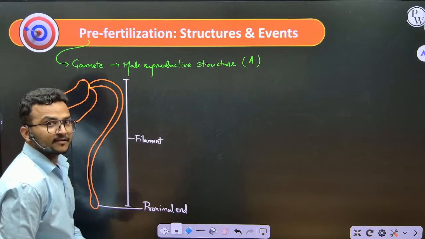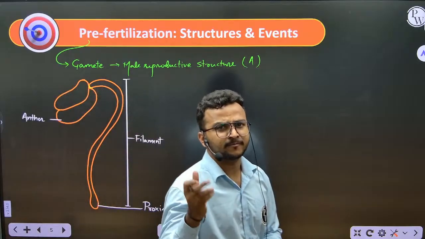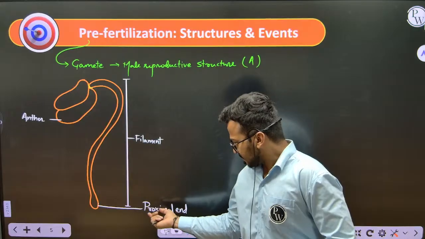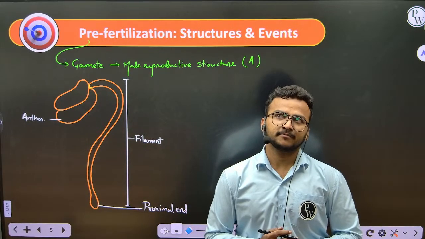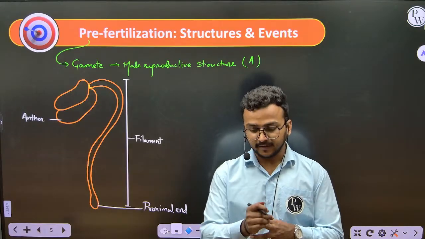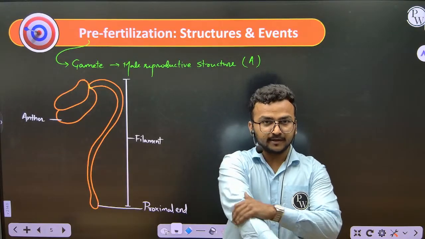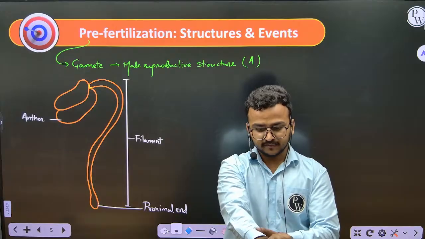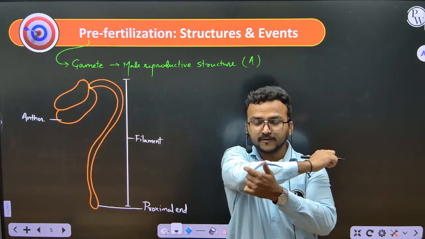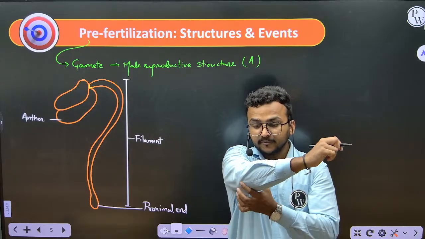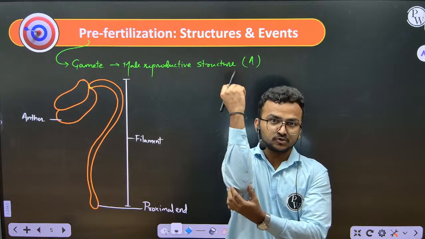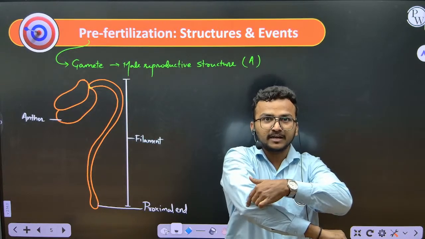You might have heard that term, even in 11th, it has come in many chapters. Proximal means, see, in my hand there are radius and ulna bones, and this is the point of connection, from where it originates and near this joint. So it is the proximal end.